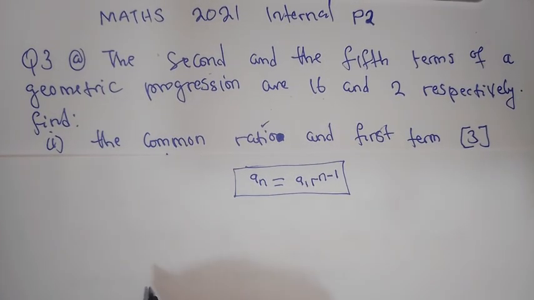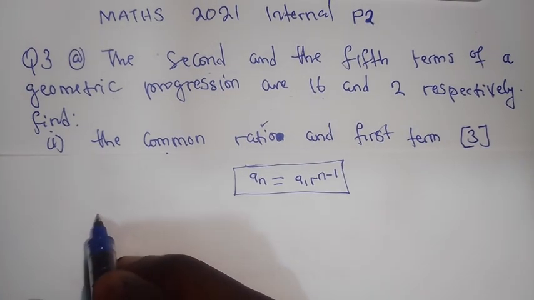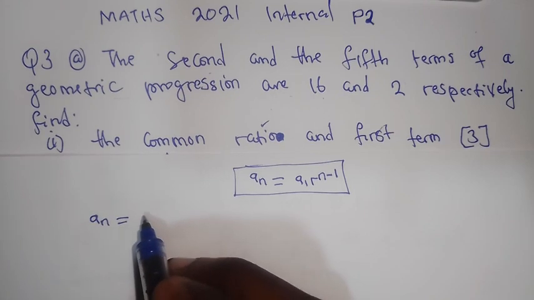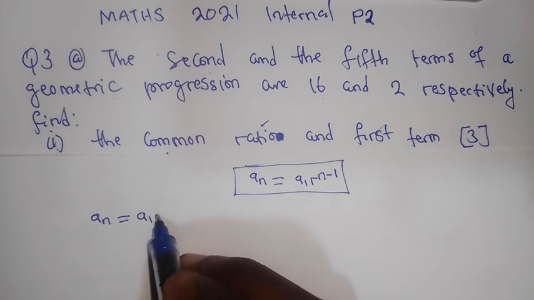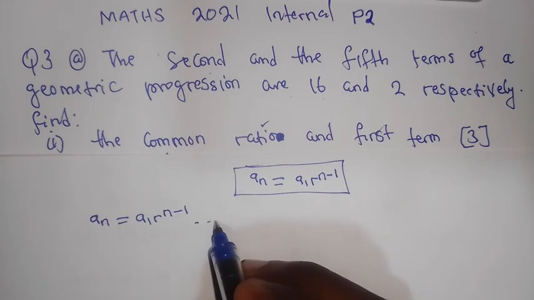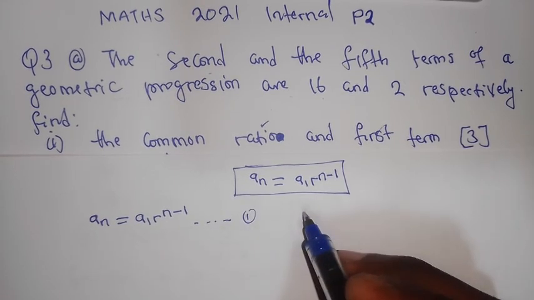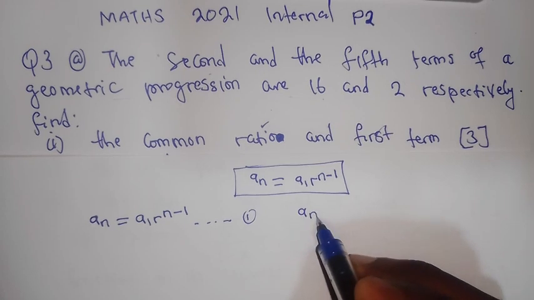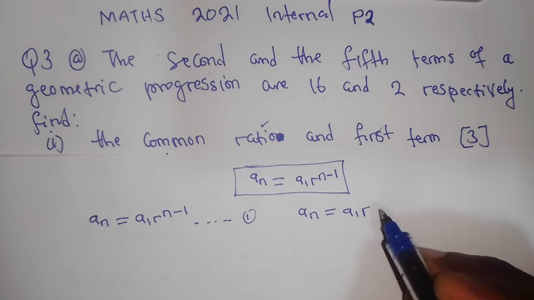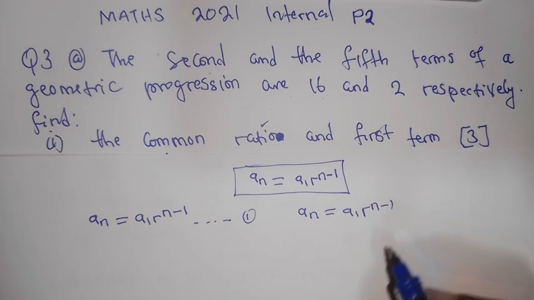So now from there, what are we saying? Since we have two terms, for each of that term there is a formula attached. So we are going to say an is equal to a1 multiplied by r to the power n minus 1. This is for the first part, followed by another part, an equals a1 times r to the power n minus 1.